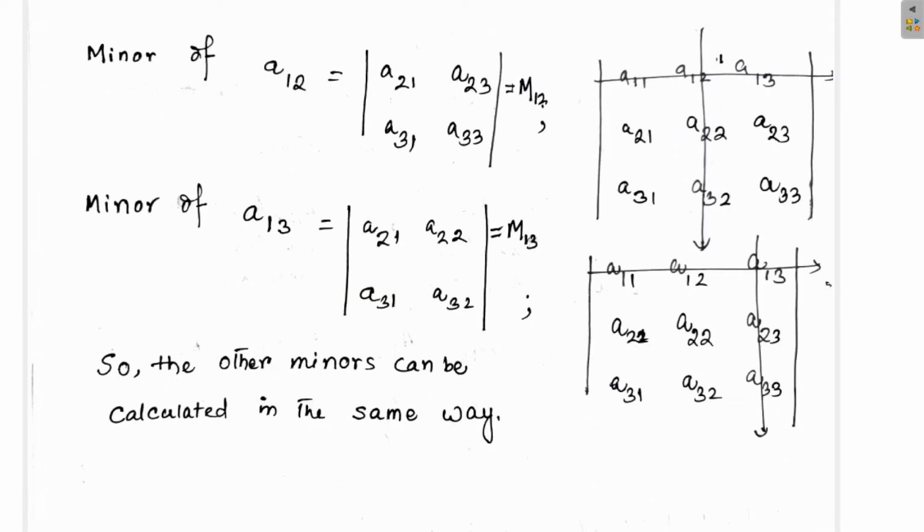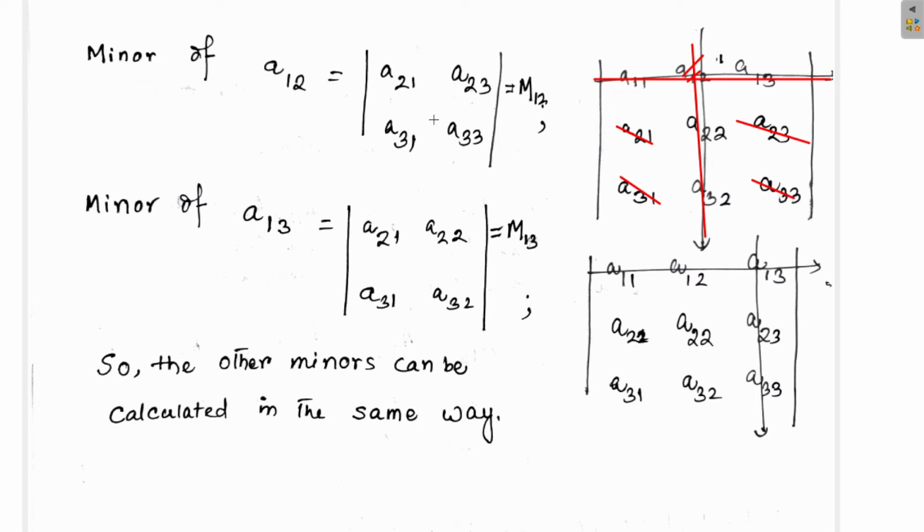Similarly, if we want to find the minor of the element A12, we have to ignore the row and the column containing that particular element, and the determinant formed by the remaining elements, this and this.